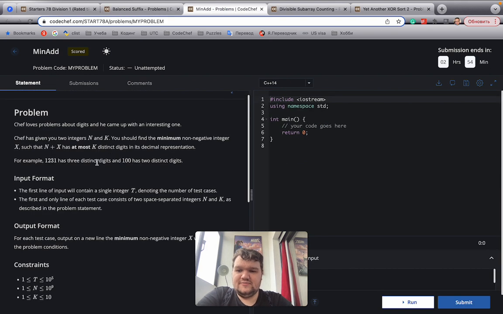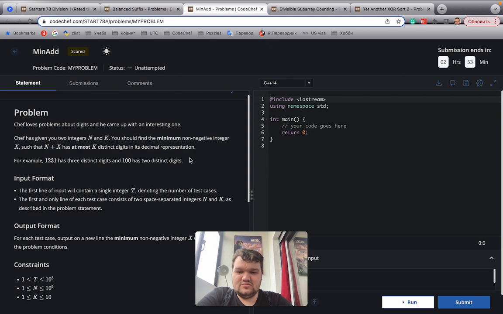Problem min add. We have two integers, and we need the minimum non-negative x such that n plus x has at most k distinct digits, and that's my representation.